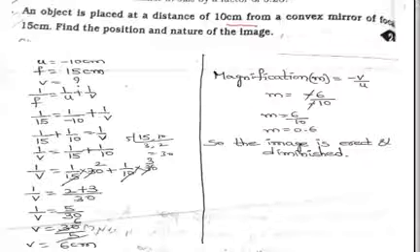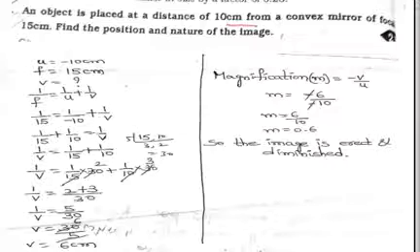1 by f equal to 1 by u plus 1 by v. So 1 by f means 1 by 15, equal to 1 by u. u means minus 10, so in place of u substitute minus 10: 1 by minus 10 plus 1 by v. Now we have to find the image distance v, so separate v. If we transpose the 1 by u value towards the left side, then we can separate 1 by v.